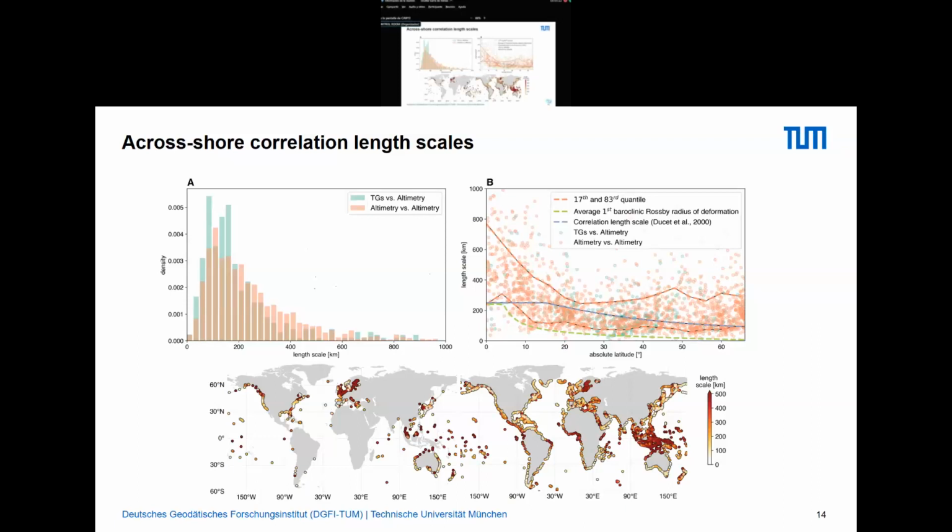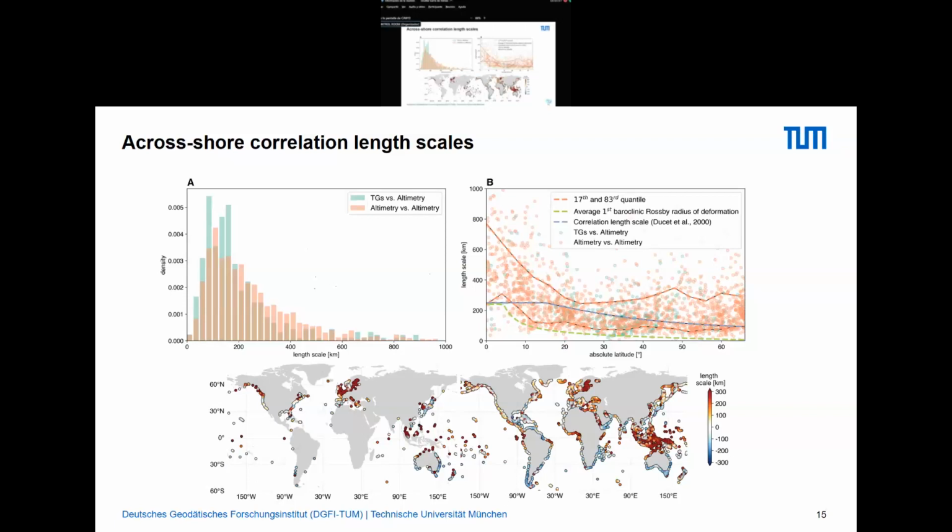And it's clear that in some of these cases, this length scale is way too smooth compared to the actual length scale of the coastal processes. And here we can also see the differences between the actually observed length scales and this smoothing length scale. And in many cases, gridded products would need to be much higher resolved to resolve such processes.